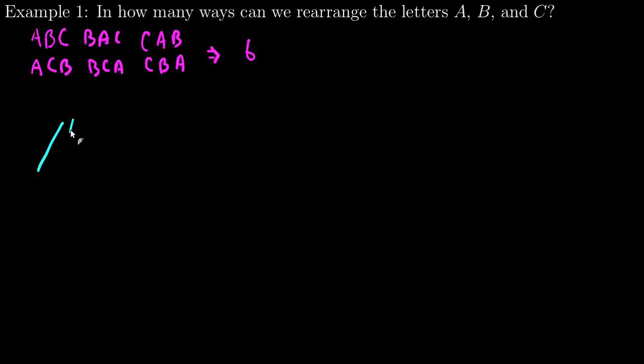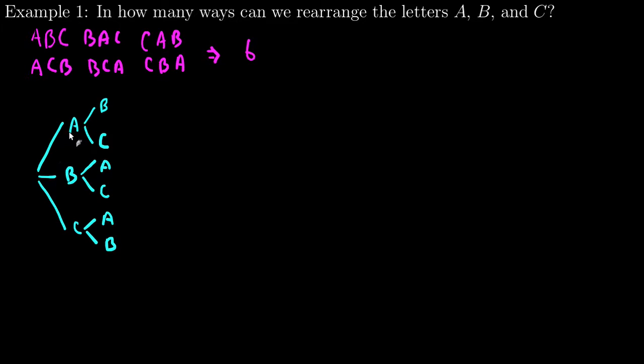It can either be A, it can be B, or it can be C. Once I've chosen the first letter as A, I don't have A from which to choose anymore, so I can only have B or C. So for each of these 3, there will be 2 choices, but the choices will change depending on which letter we chose. If the first letter is A, then the second letter can either be B or C. If the first letter is B, then the second letter can either be A or C. If the first letter is C, then the second letter can either be A or B.